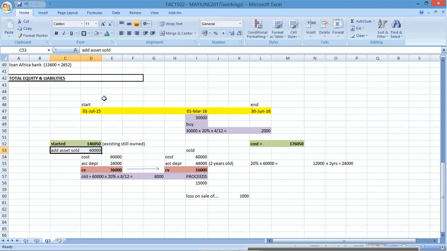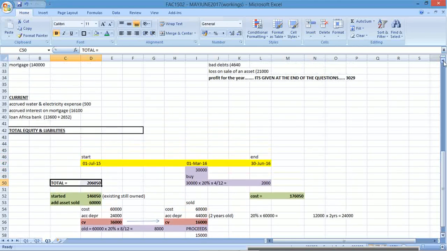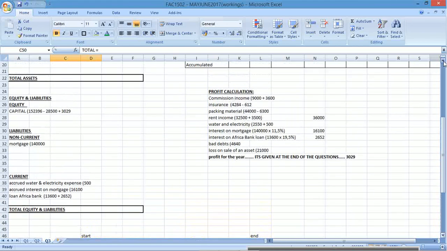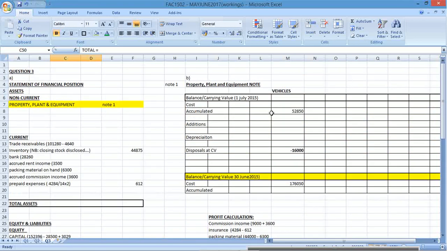So obviously what you would start with here was the total. The total would have been this plus that, in terms of the cost price. Okay, so that we can put in our diagram. 206050. Diagram, cost, this is going to be the cost.